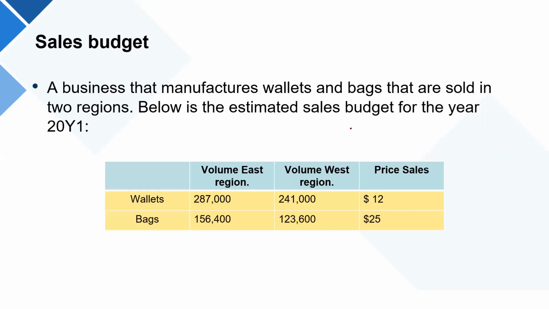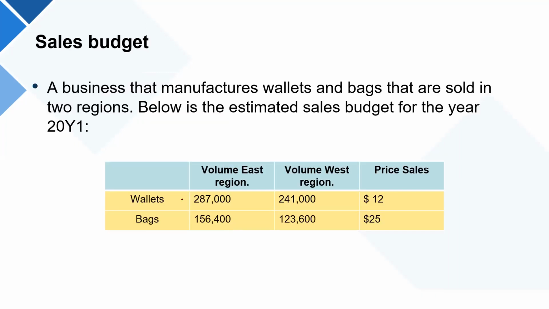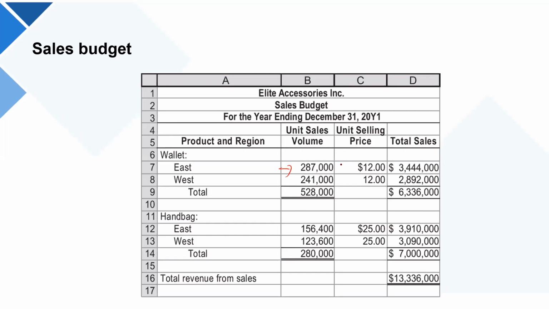Let's see an example. We have a business that manufactures wallets and bags, and we have these two estimates per region and per product, and we have this sales price. So how is it going to work? We take the estimate, this one, and we multiply by the sales price, and the sales price in this case is 12.